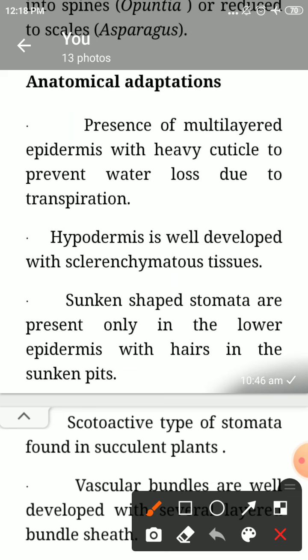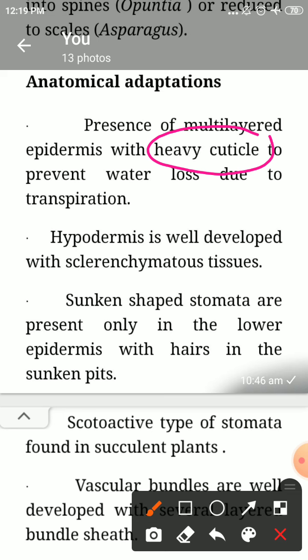Such a multi-layered epidermis is also deposited with a heavy cuticle on it. The cuticle is of wax, cutin, suberin, lignin, or silicon salts deposited on the epidermis. So this is a sort of extra kavach, an extra coating sheath encrusted on the epidermis for nice protection.